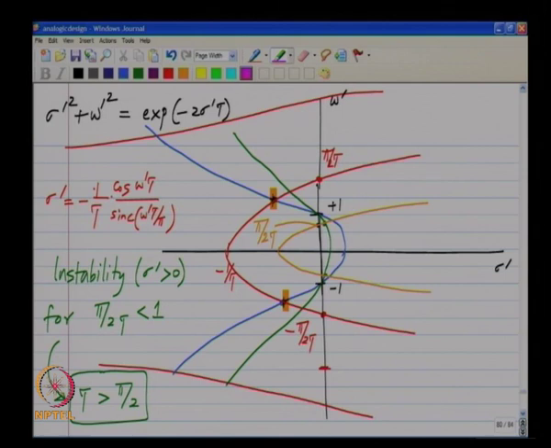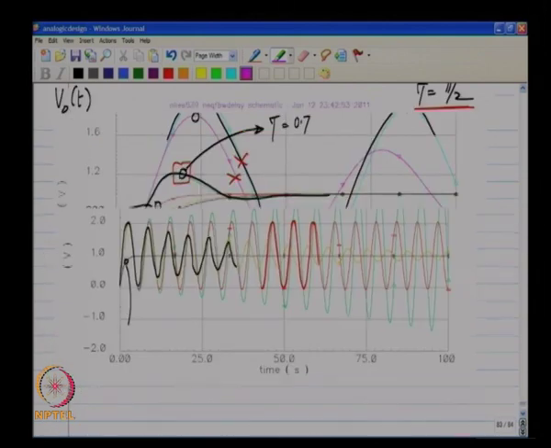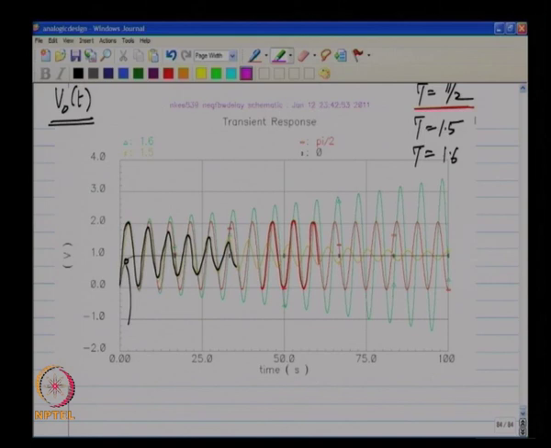So, you get a sinusoid with a constant amplitude without any damping. For tau equals pi by 2, you get sigma prime to be 0 and omega prime to be plus or minus 1. And that corresponds to the constant amplitude sinusoid, or the poles being exactly on the imaginary axis or the y axis.